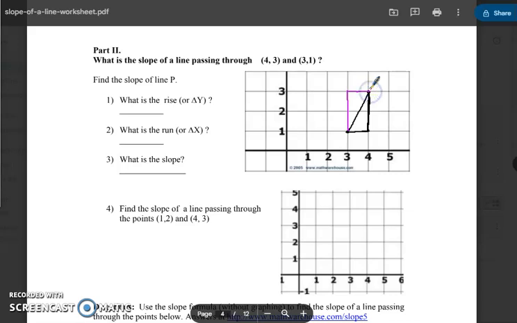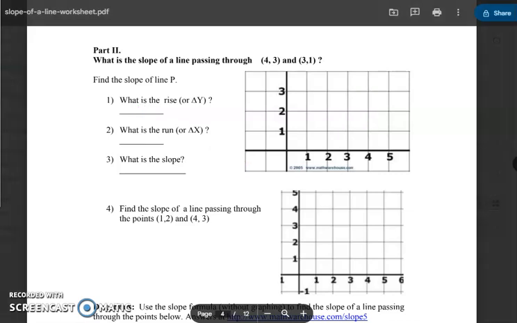It doesn't matter. But our rise, I can tell, again, these are counting by 1, 1, 2. That's the rise. The run, we just move 1 over. Well, what is the slope? Well, it's rise over run. So it's 2 over 1, or 2.